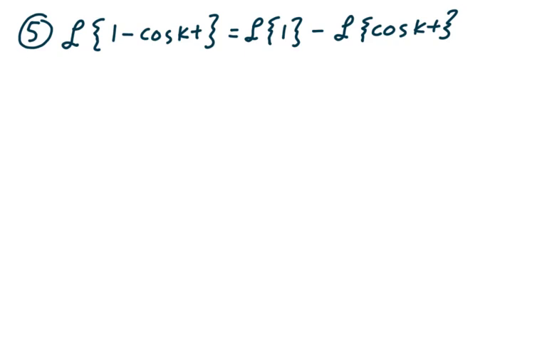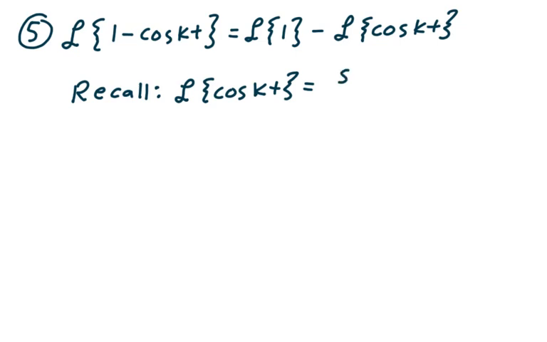Now, recall, and we derived this formula in another video, the Laplace transform of cosine of kt is equal to s over s squared plus k squared.